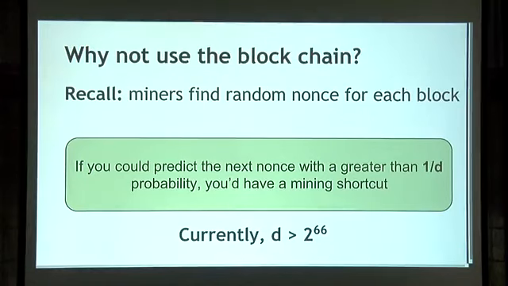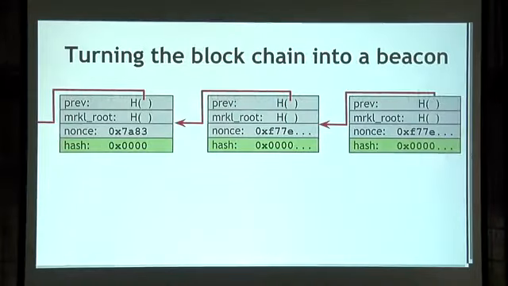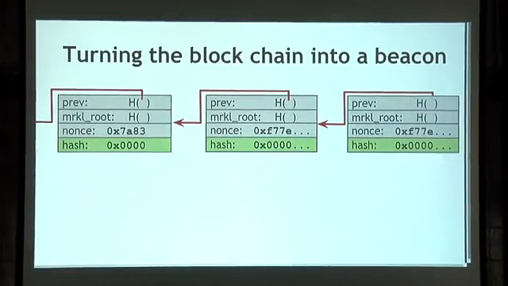So that means that every block that's mined in Bitcoin should have 66 bits of randomness that are impossible for anybody to predict. At least if Bitcoin is secure, there should be no way for any of the miners or anybody else to predict what those random bits will be. So once we realize that, it's fairly simple to turn the blockchain with minimal modifications into a randomness beacon.